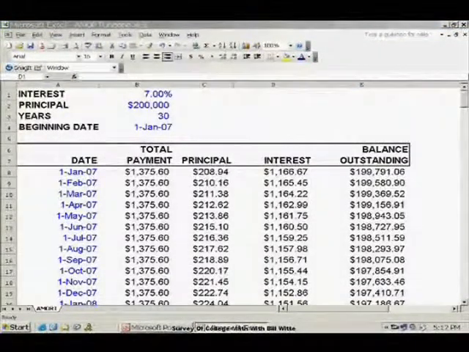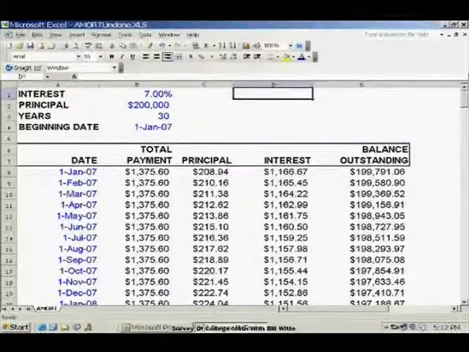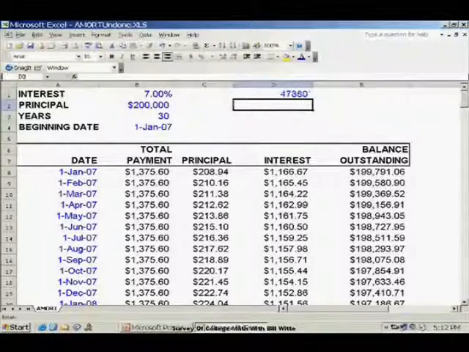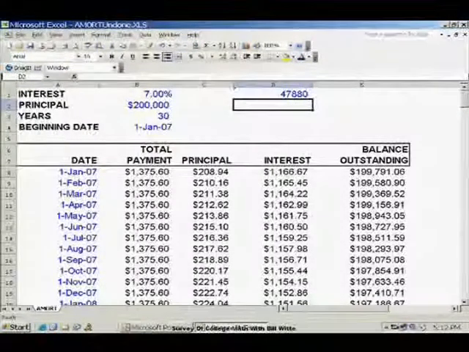By paying that just $45 extra every month, I saved myself 3 years worth of mortgage payments. Well, let's see. That's one payment of $1,330 times 3 years, or times 36 months. I saved myself close to $48,000 of payments.